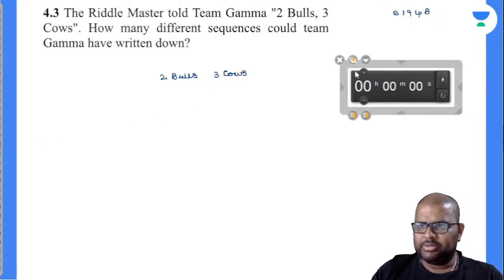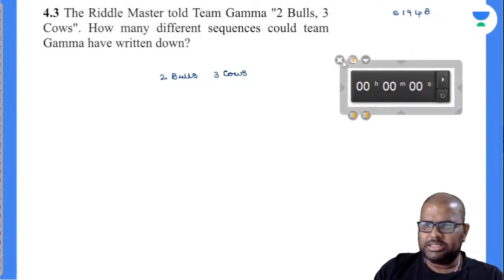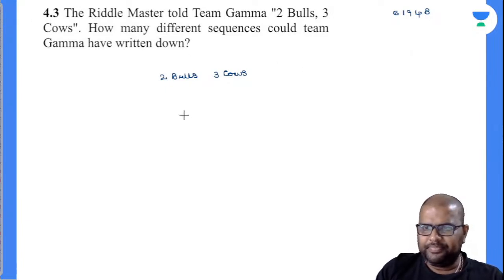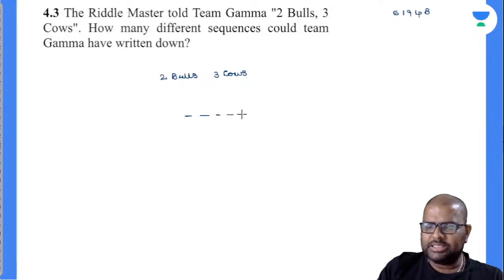Any answer, right? Now see here. This is a master sequence of a 5-digit number. So in those 5 digits, you have identified 2 digits perfectly and their position also. For the 2 bulls, I should write down out of 5, I have chosen 2 correctly and their positions also correctly. Done. Enough.